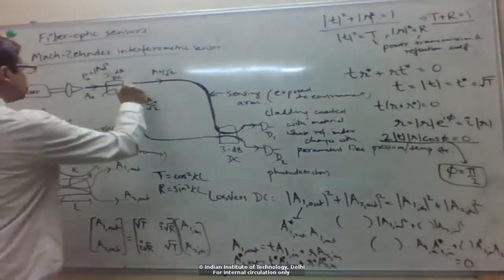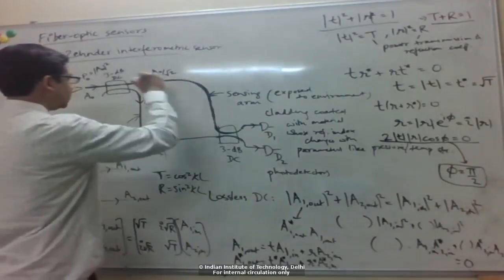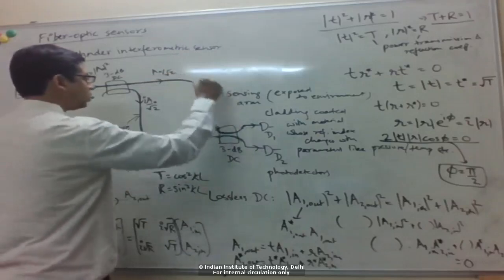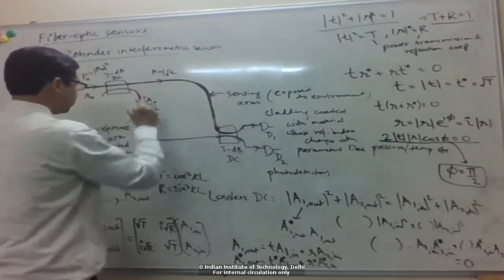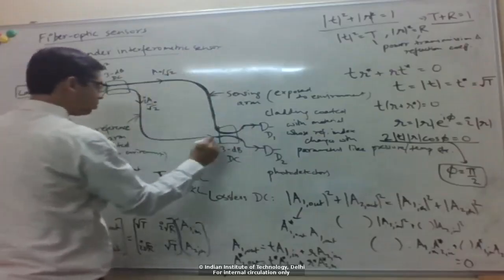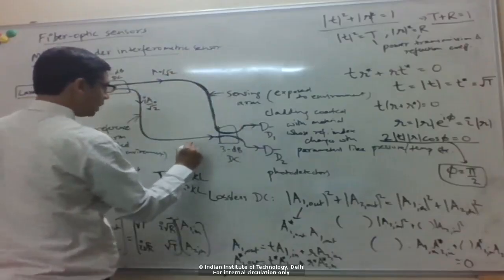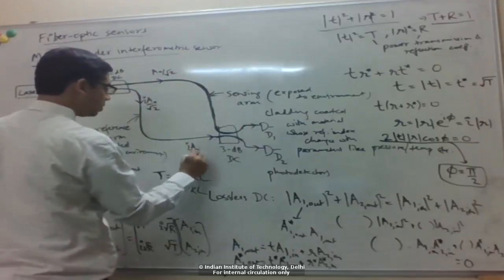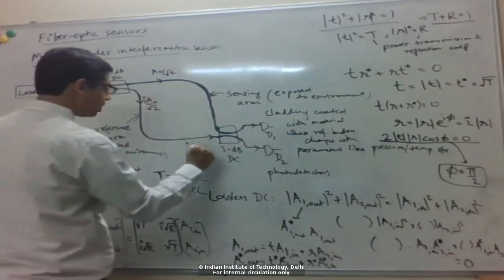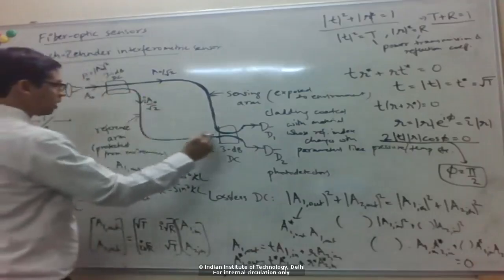Then this particular arm, the sensing arm, goes through some length, so there is some phase shift. Let's first consider the reference arm, which has some fixed phase shift. When it enters the second directional coupler, the amplitude is i times A naught by square root of 2 coming from here, and then a phase shift e to the i phi 1, which is the phase shift through the reference arm.